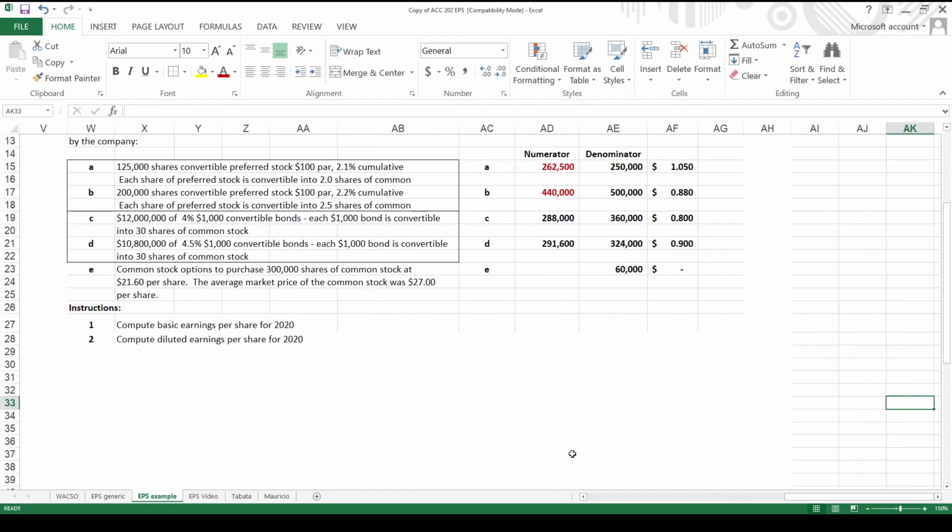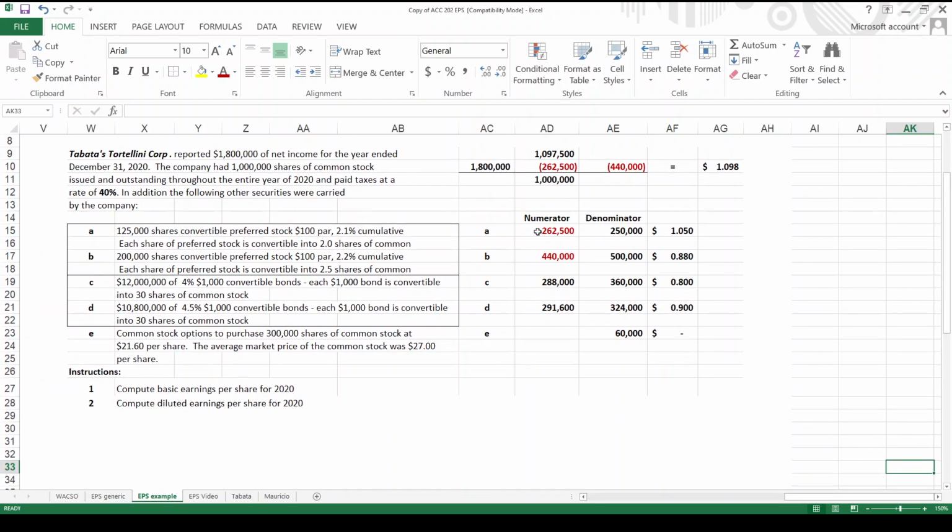You say, wait a second, what about this guy here? This $1.05. Well, when you do things in stages, worst case, second worst case, third worst, so what did we do? We did this guy first, letter C was second, letter B was third, letter D was fourth.